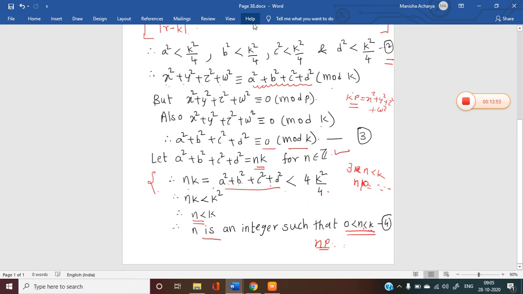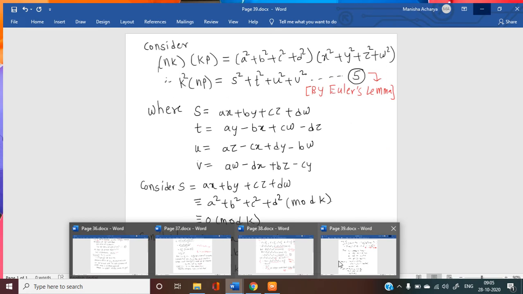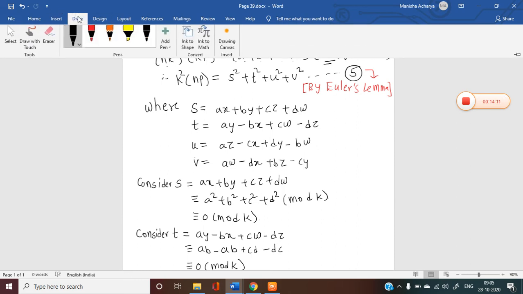Okay, so now let us move to the next page. Now consider nk into kp. We know that nk is equal to a square plus b square plus c square plus d square, and kp is equal to this, which we know from equation 1.